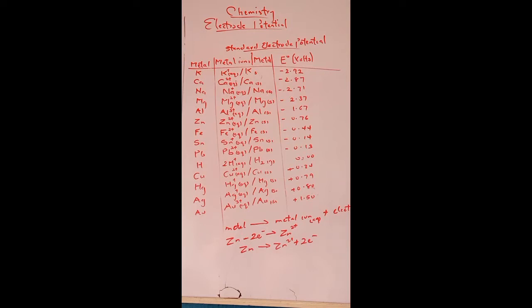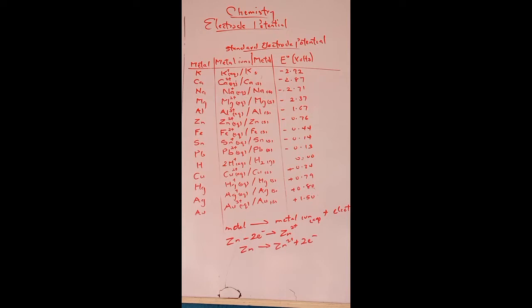Thus, if a zinc rod is placed in a solution of zinc tetraoxosulfate-6, some zinc atoms become zinc ions, Zn2+, aqueous. Once it changes to an ion, you put aqueous.